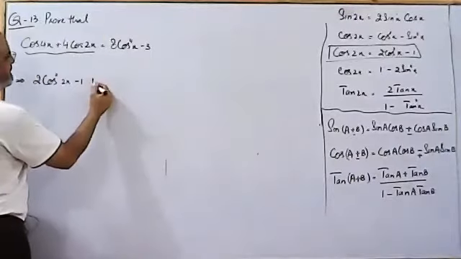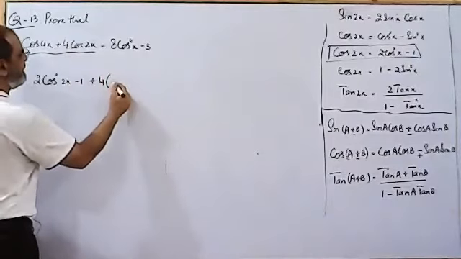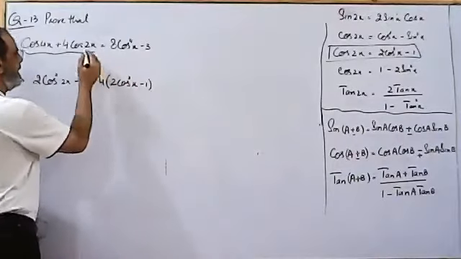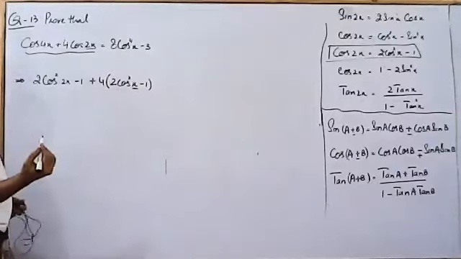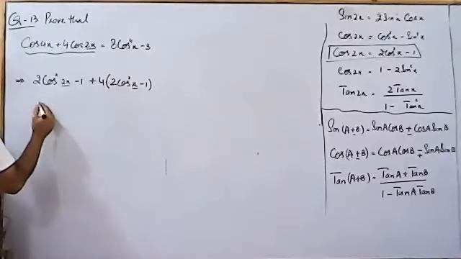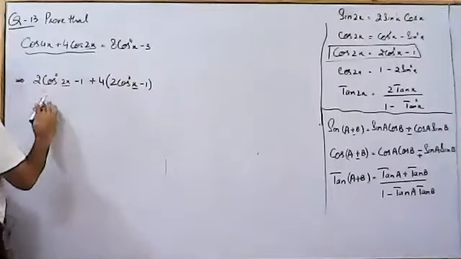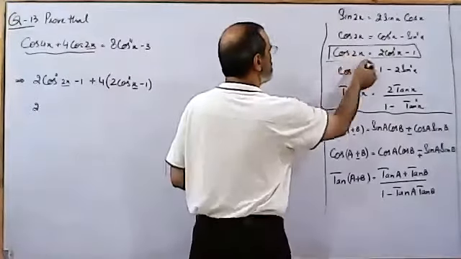Similarly, plus 4 cos 2x, I'm going to change it into cos x as well. It will be 2 cos square x minus 1. Here I have 2x, that is changed into x. So 2 cos square x minus 1. Further, I have to change this 2x as well. Remember, in the identity I have only cos x, there is no square on it.